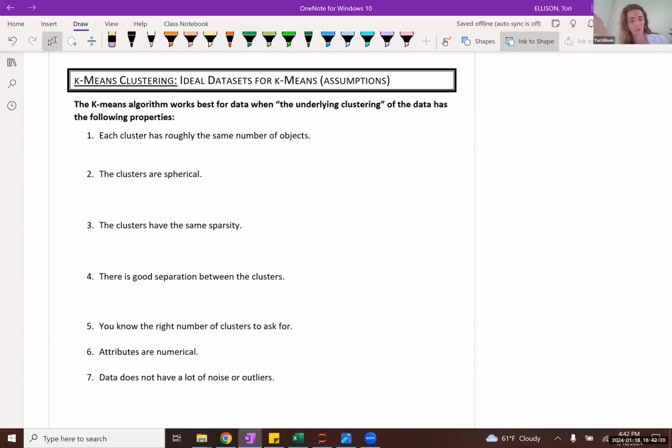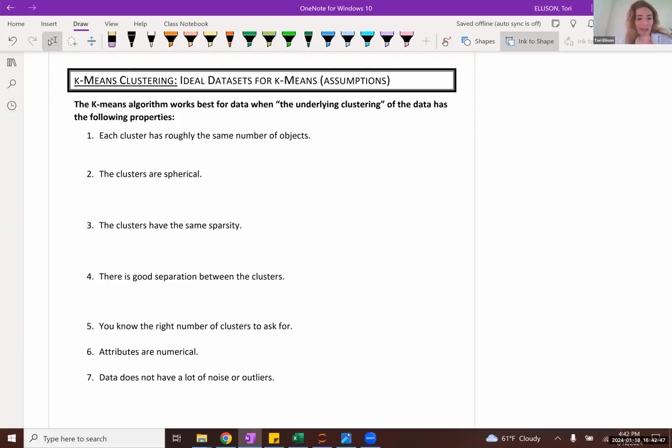But even if a data set does not meet all of these ideal properties, it does not necessarily mean that the algorithm won't be able to identify the clusters that exist, but basically that the data set will be more ideal for that particular algorithm.